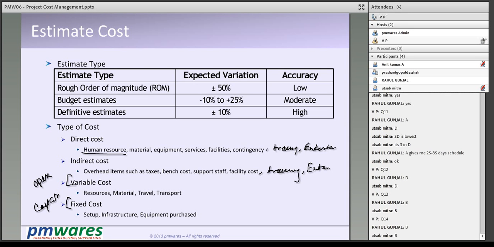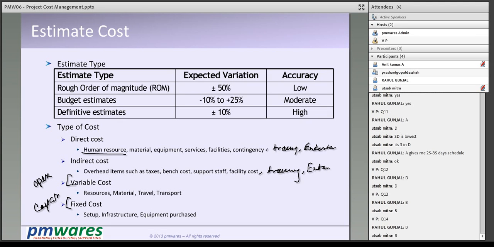Resource cost and material cost are recurring costs based on what is happening in the project. Fixed cost is mainly the cost which is actually used to start the project or support some operations.